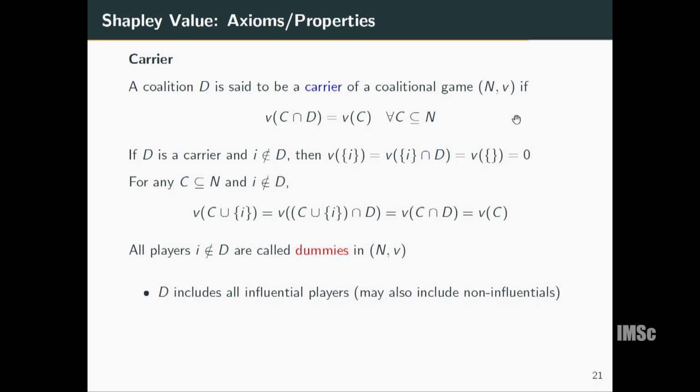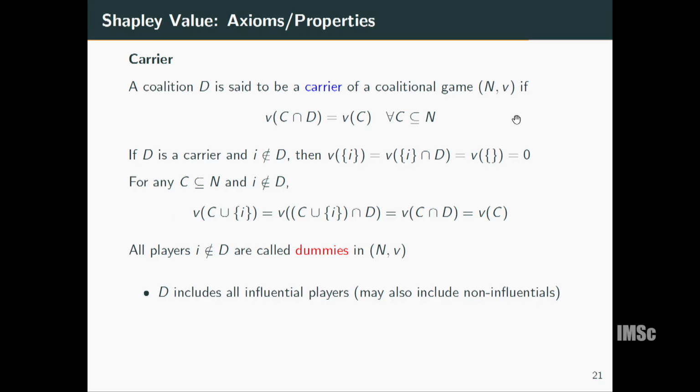Now let us say D is a carrier and suppose you take an agent I which does not belong to D. In this case what should happen? You should see V of I intersection D, which will be V of phi. This is 0.